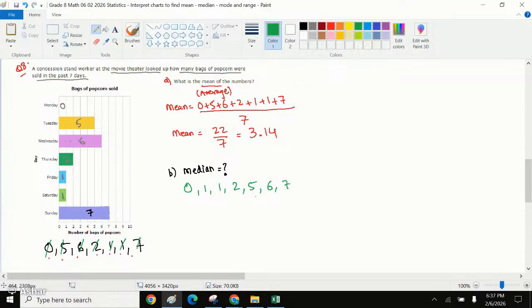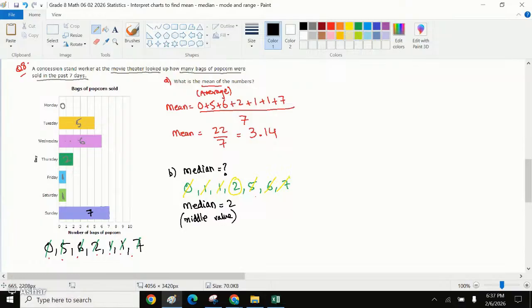Agreed? Ascending order. Now we try to cancel them out, and the median, the middlemost value, comes out to be 2. Median is also known as the middle value.